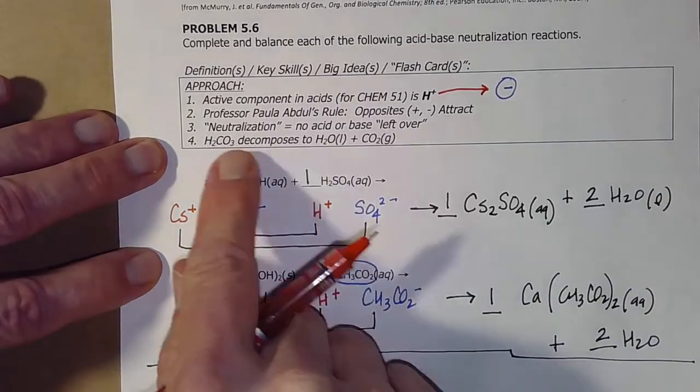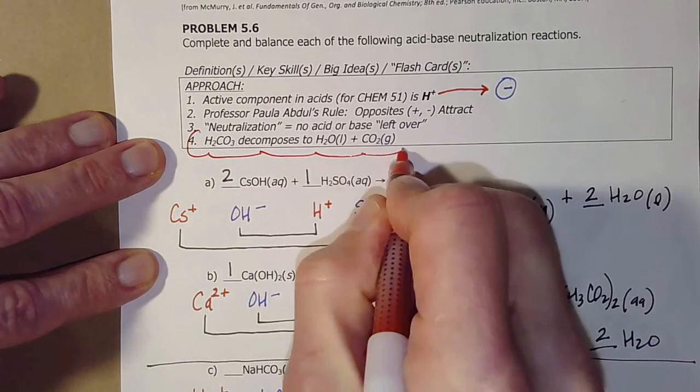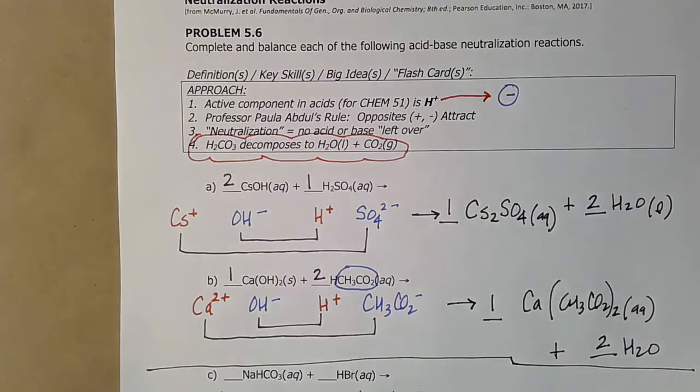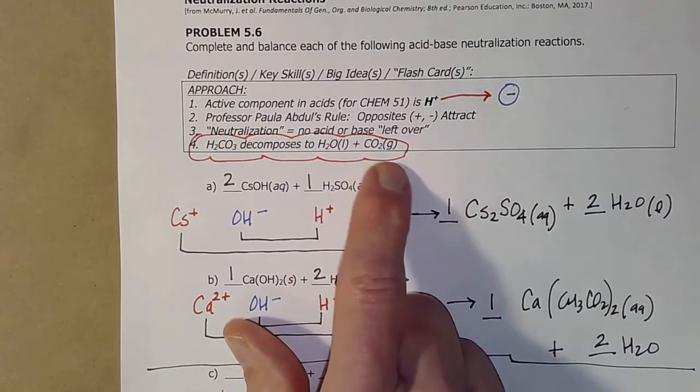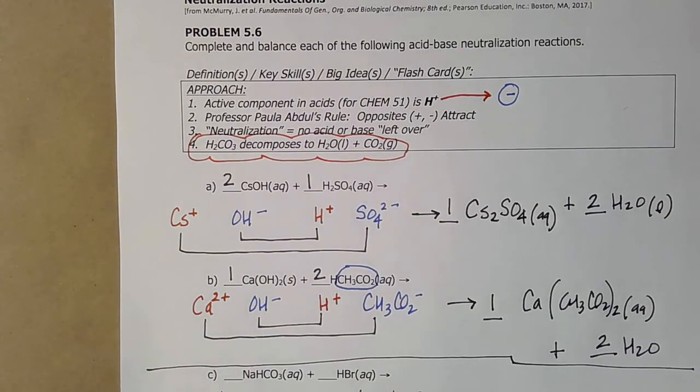I balance it so I don't have any acid or base left over. And there's something new to us. We have to know, the flashcard basically says, H2CO3 decomposes into water and CO2. But we already knew we'd get water, and then there's the CO2 left over.